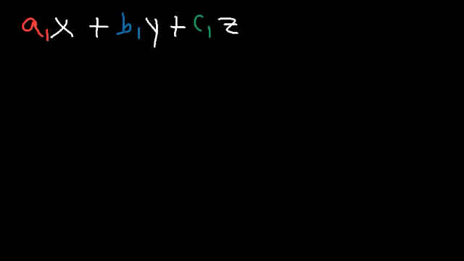Now, how can we use Cramer's rule to solve a 3-variable system? So let's say if we have the equation a1x plus b1y plus c1z, and let's say that's equal to d1.